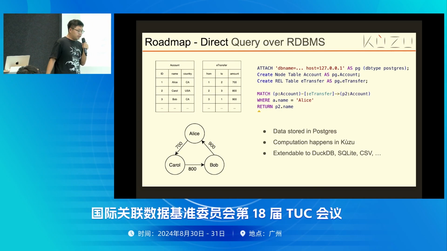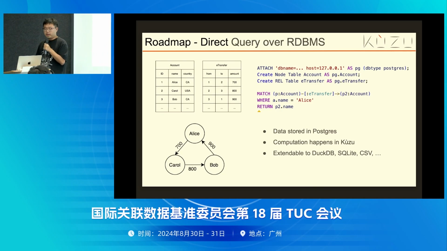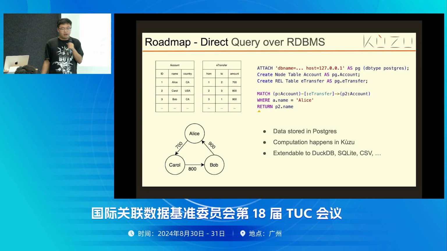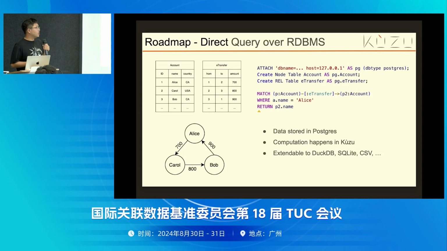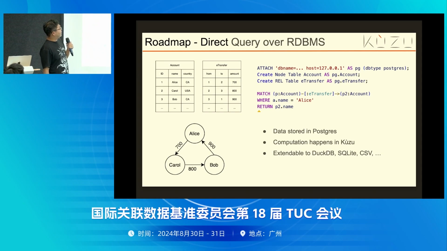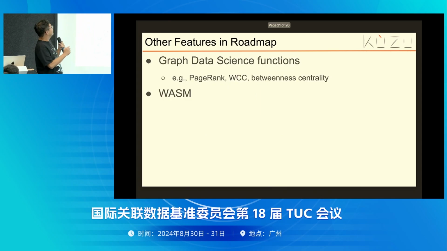And this architecture not only works for Postgres. It's a framework that you can easily extend to any potential tabular format. You could extend it to DuckDB, SQLite if you want, or CSV and Parquet, which are also forms of tabular data. So this is what we hope to deliver at some point this year.